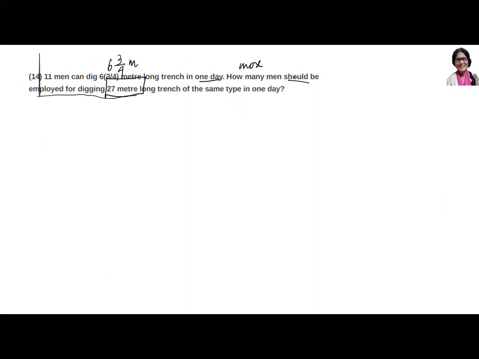How many men is not given, so I'll take it as X. So 11 men can dig 6 and 3 by 4 meter of trench. How many men will dig 27 meter of long trench of the same type in one day? So let X be the number of men to be employed.